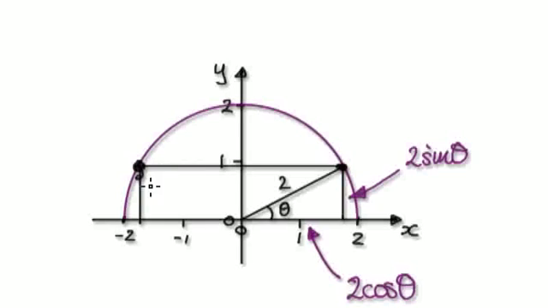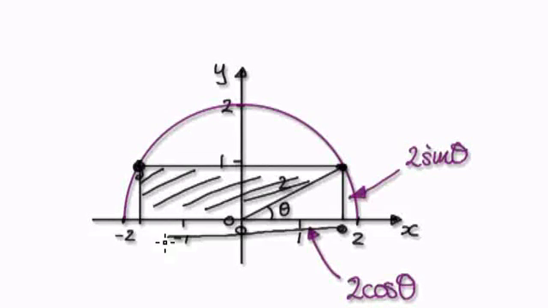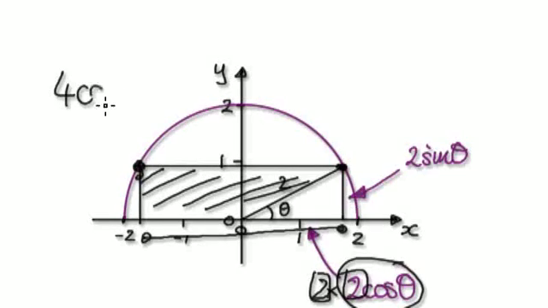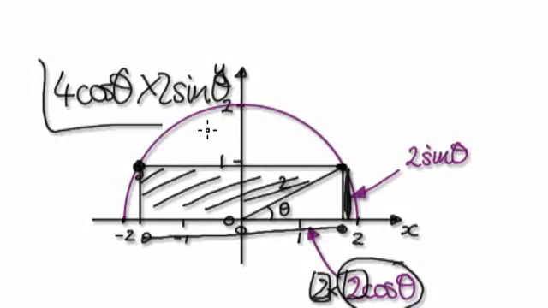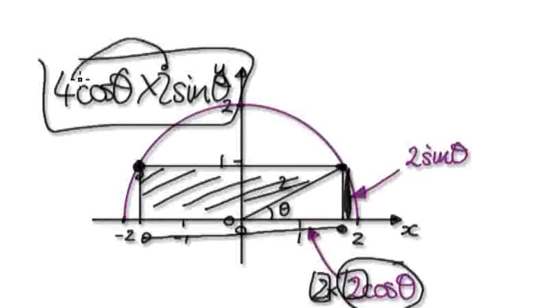So the overall length from here to here will be given by double this, so this times 2. So the 2 times the 2 here will be 4 cos theta, and then we've got to times it by the height. So that will be times 2 sine theta. So this here is our area.